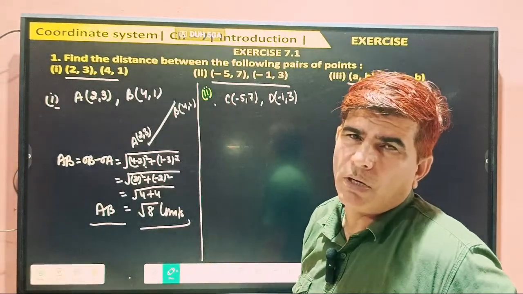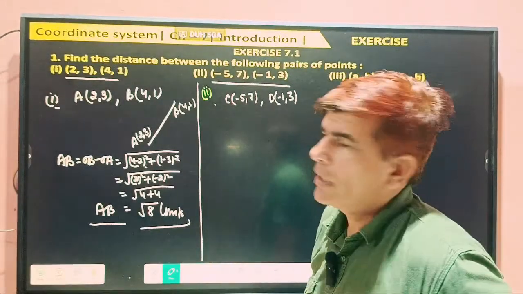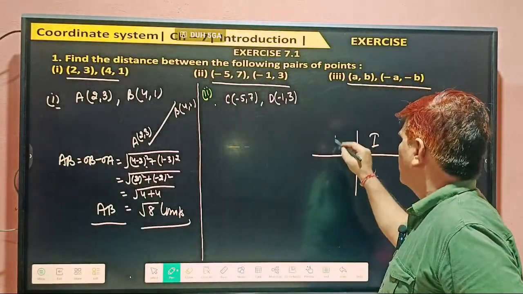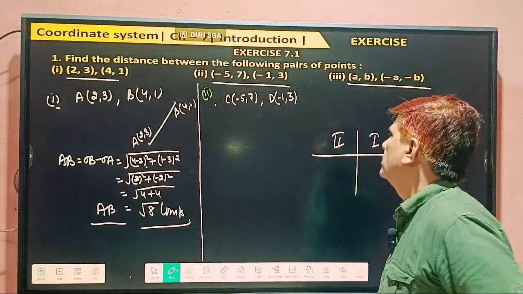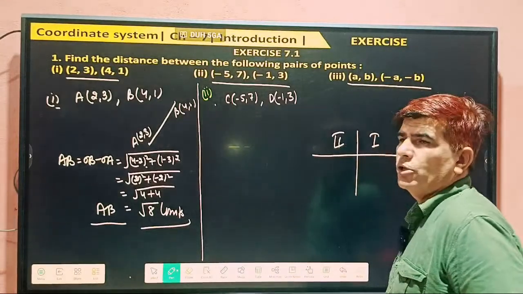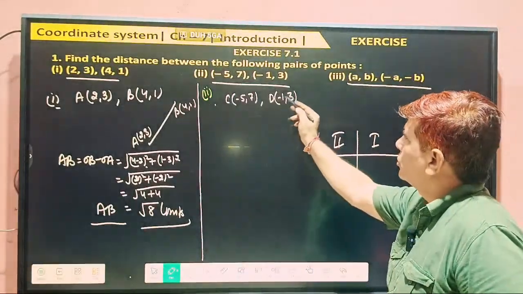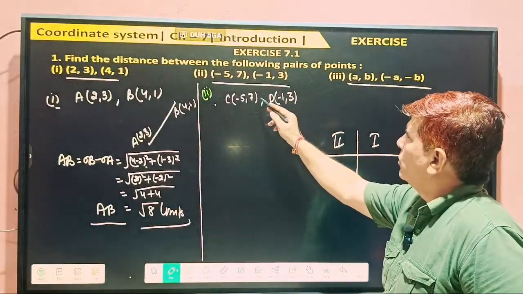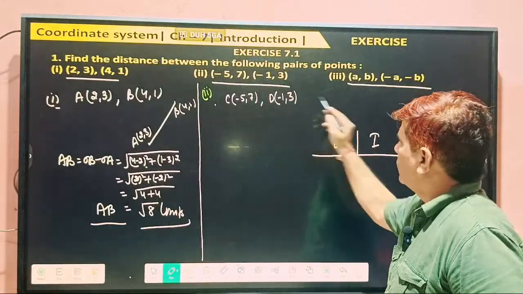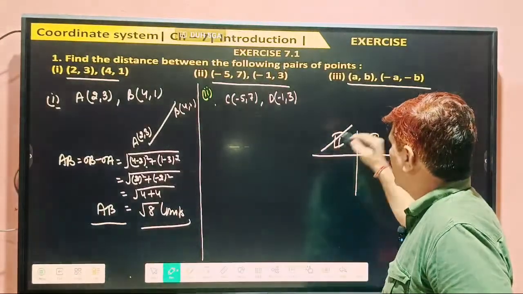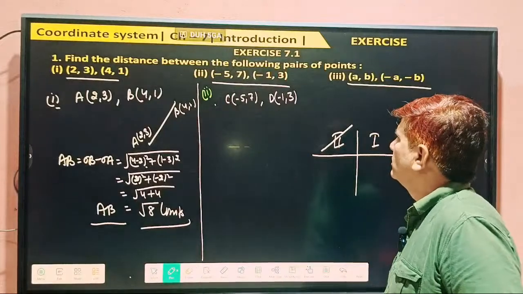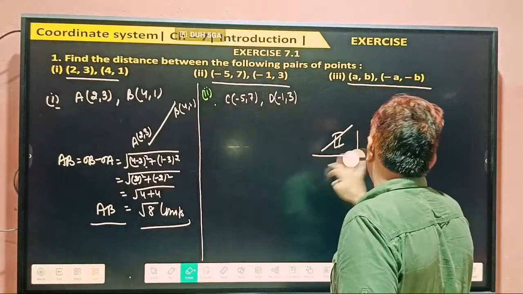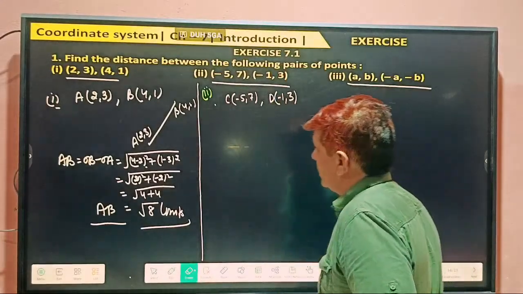So what's your answer? In the first quadrant both are positive. In the second quadrant, X is negative and Y is positive. So here, X is negative, Y is positive, X is negative, Y is positive. So these points lie here, somewhere. Understood? But we have to find out the distance between them.